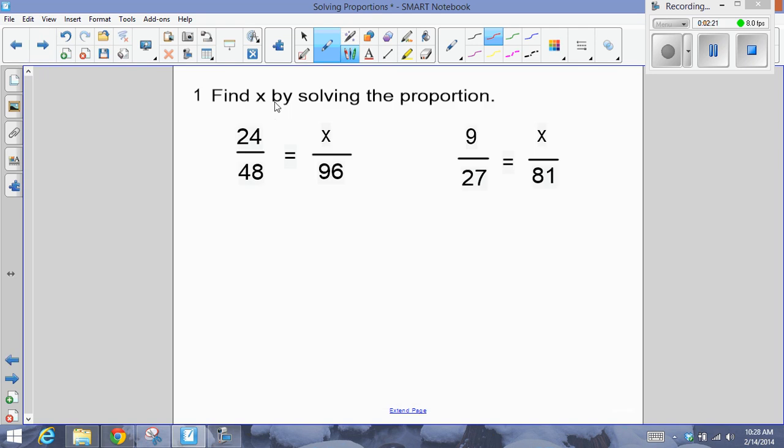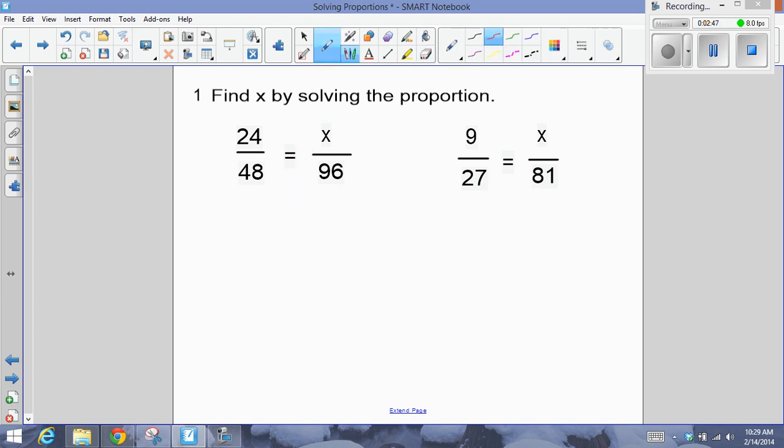Now, I can also find missing values by using proportions. Now, this is a really important skill because we've been talking about solving equations in order to find x's, but now this looks a little different. But we can still do it. And we're going to use our cross multiplying again, just like we did to determine if it was a proportion. But when I multiply, I'll do one at a time.